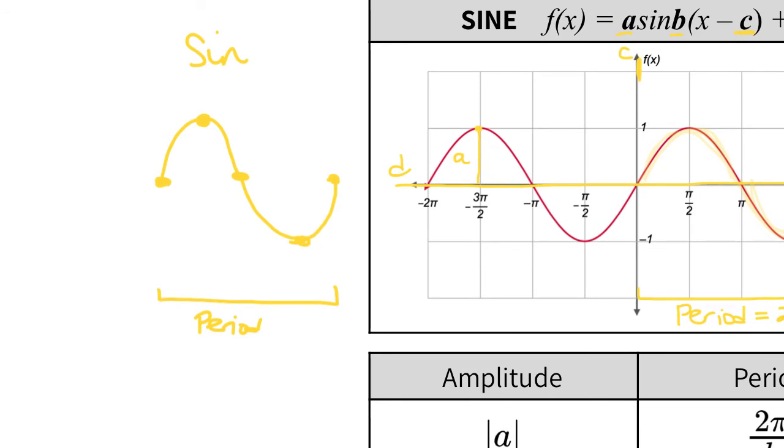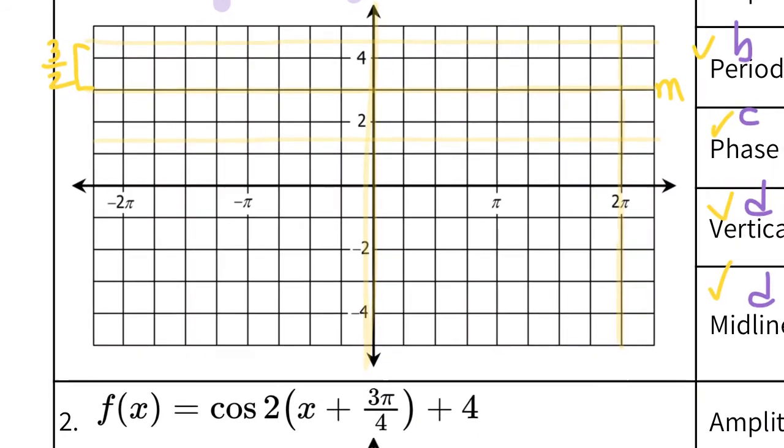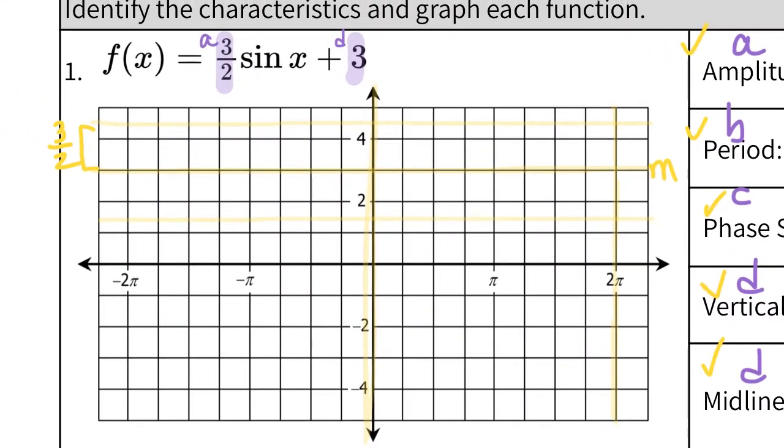So one of the easiest things to do is that it begins and ends at the midline as well as right at the center of the period. So I have my period marked off here. It's this area. So it starts, it ends, and it also has it right in the middle where it hits the midline.